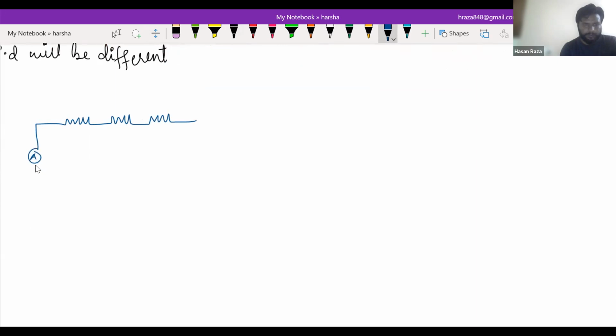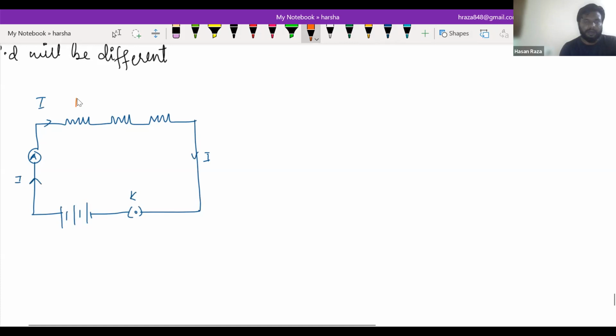Here is the ammeter and here are the batteries. Here is the switch and current I is flowing through this. This is resistance R1, this is R2, this is R3.